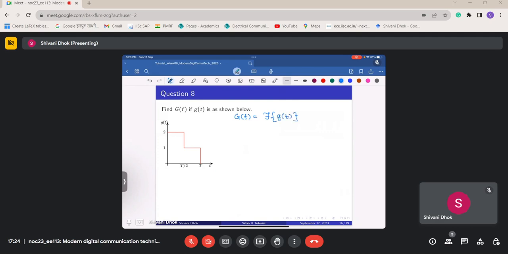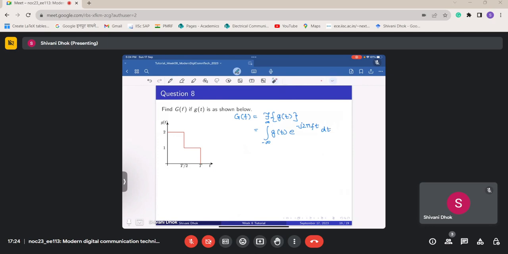So now what we can do is apply the definition of Fourier transform. So this comes out to be integral minus infinity to infinity g(t) e power minus j 2 pi ft dt.